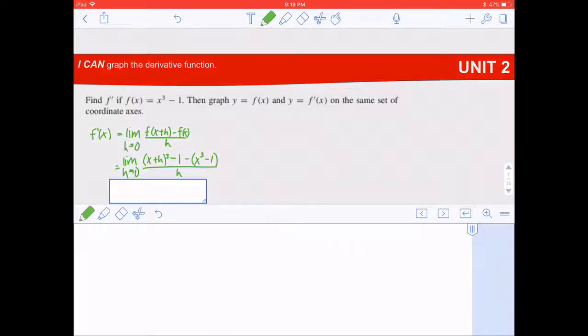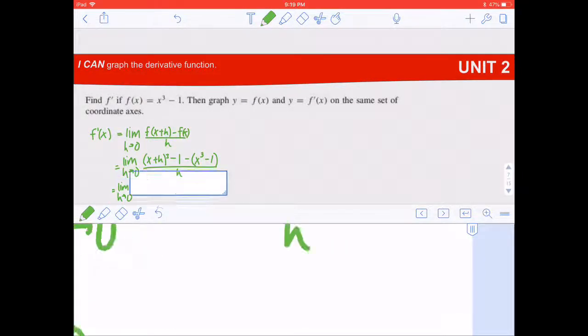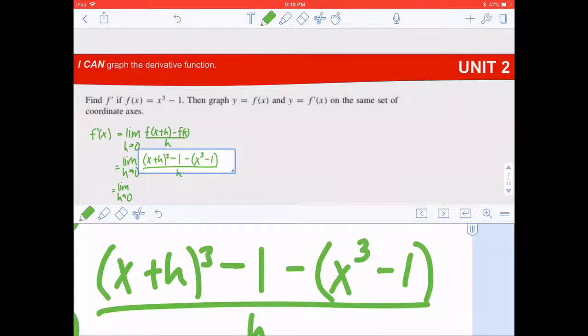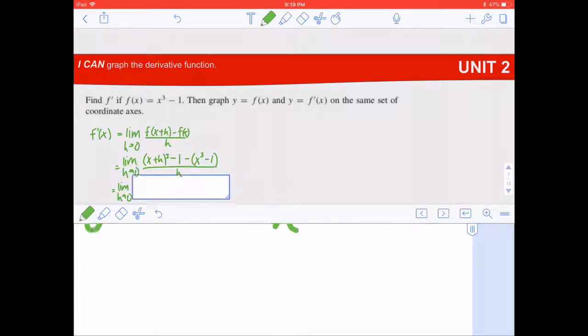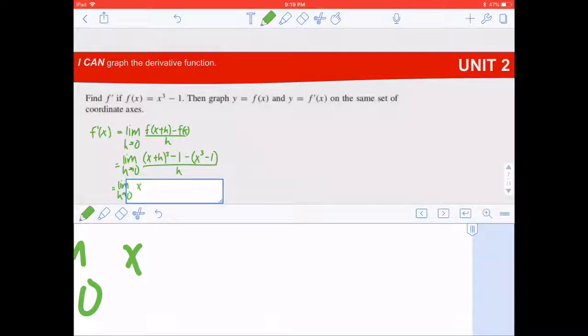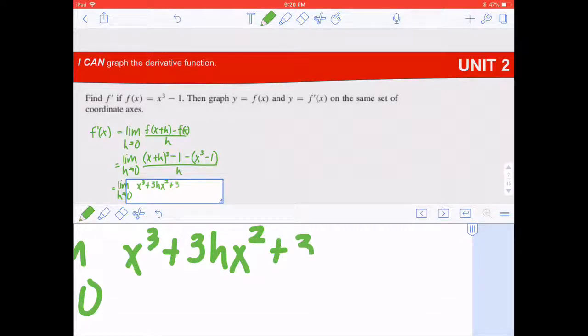So again, we're going to FOIL this out. The limit as h goes to 0. x plus h cubed is equal to x cubed plus 3hx squared plus 3h squared x plus h cubed.